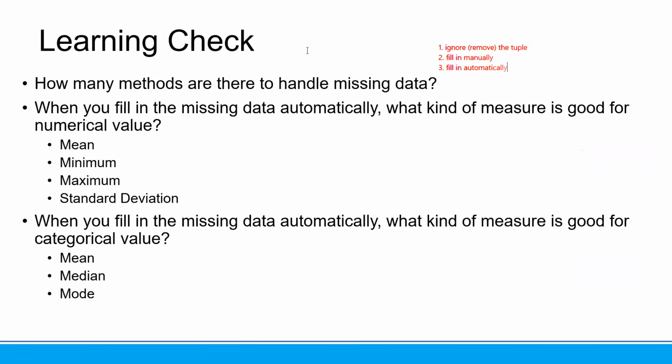When you fill in the missing data automatically, what kind of measure is good for a numerical value? Is it good to replace the missing data with the minimum value? Or the maximum value? Is it good to replace the missing value with the standard deviation?